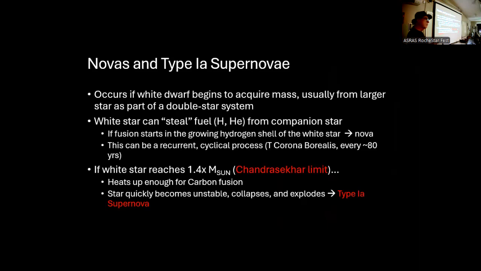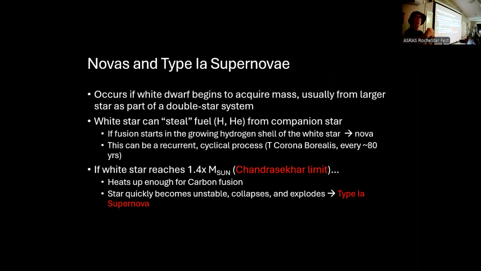All right, so novas and type 1 supernova. Supernova occur if the white dwarf begins to acquire mass. And usually when it acquires mass, it's part of a binary system. So the white dwarf has enough gravity. These have a lot of gravity. They're very, very dense, very, very massive, even though small. And they can begin to steal hydrogen from their companions.